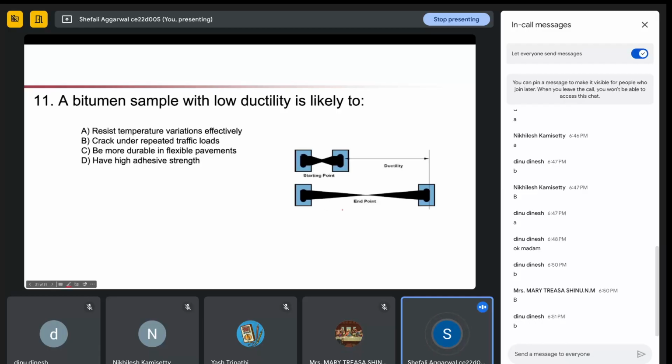If your ductility value is very low, what does that symbolize? Under repeated load it will crack. Crack under traffic, correct. So B will be the correct answer.